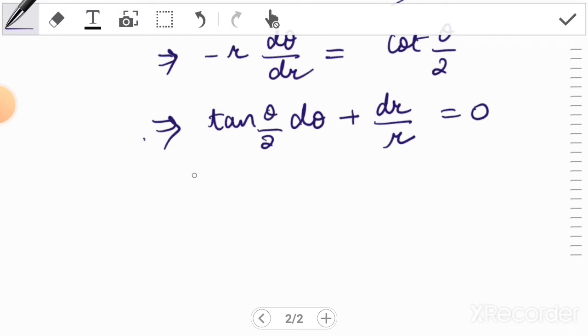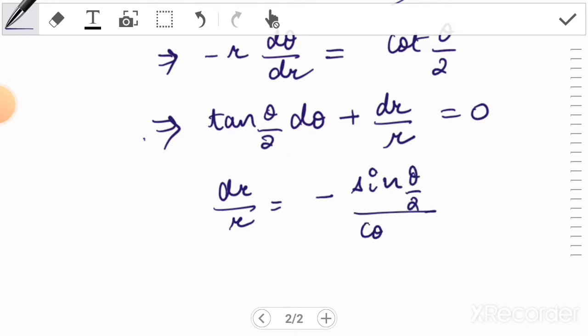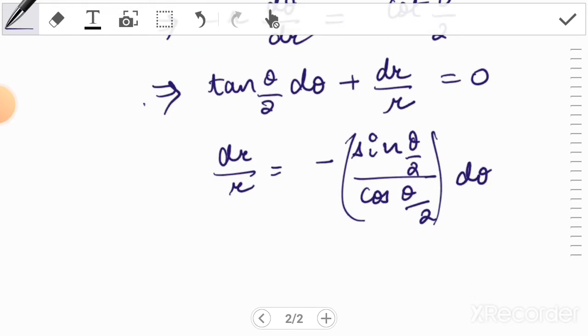Now this can be rewritten as dr by r minus sin theta by 2 by cos theta by 2 d theta. So this is the differential equation of orthogonal trajectories.